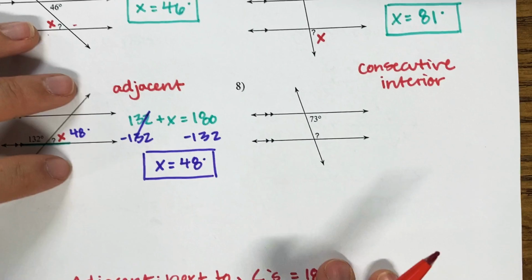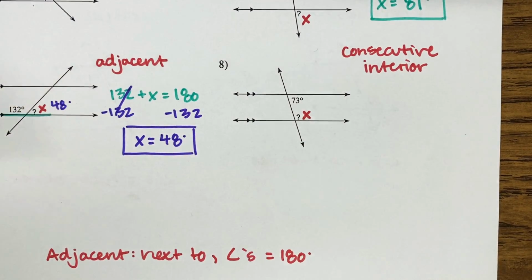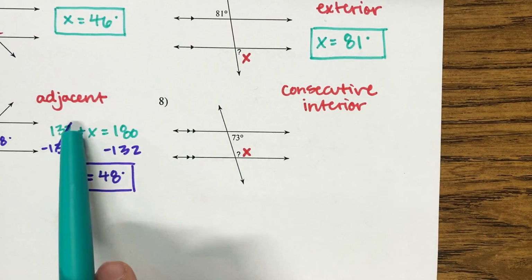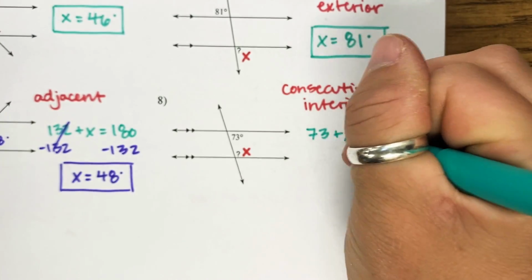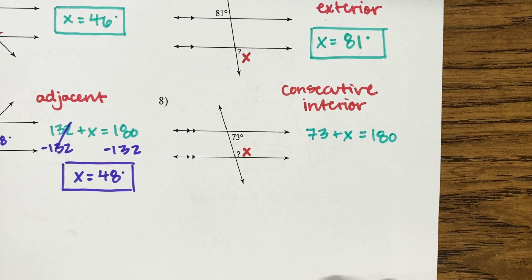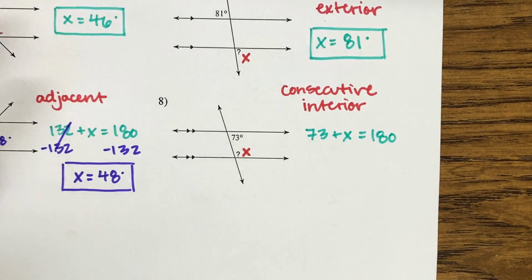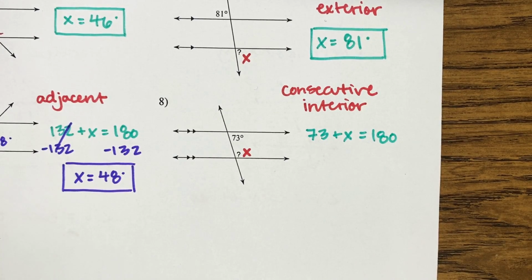So that means that 73 plus this guy plus X is going to equal 180 degrees. Let's solve this guy just like we did over here. So I have 73 plus X equals 180 degrees. Now I'm going to try to get rid of positive 73. How do I do that?